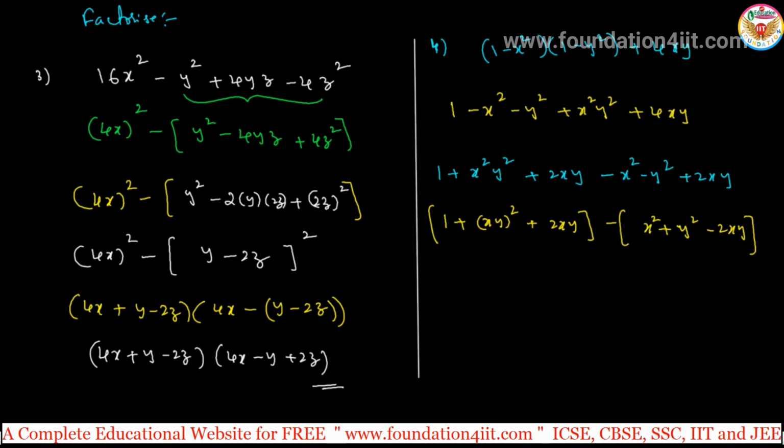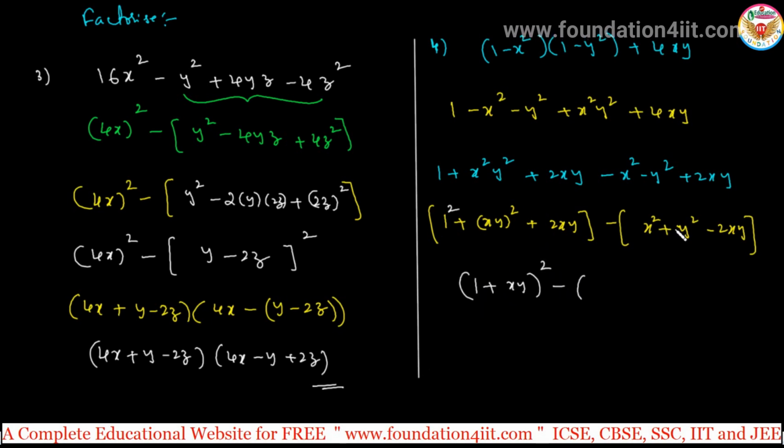Take the minus common now, right? Now this one I can write as 1 square, a square plus b square plus 2ab type it is. That means 1 plus xy whole square minus, a square plus b square minus 2ab, x square plus y square minus 2xy. So x minus y whole square.